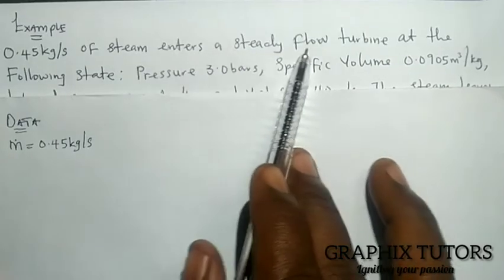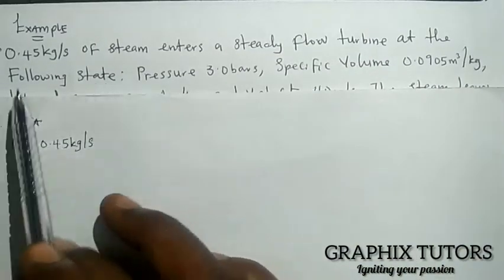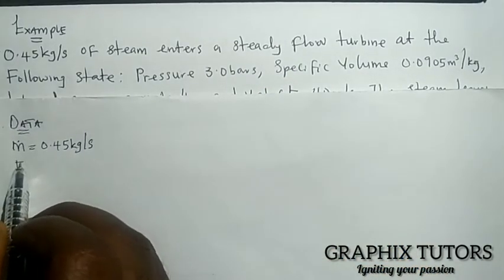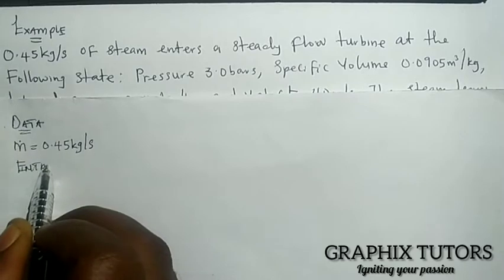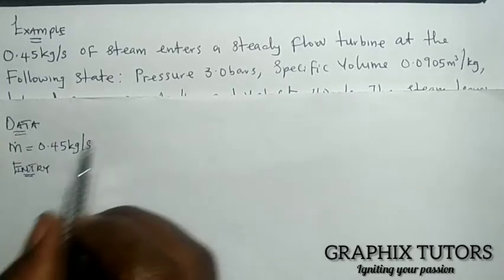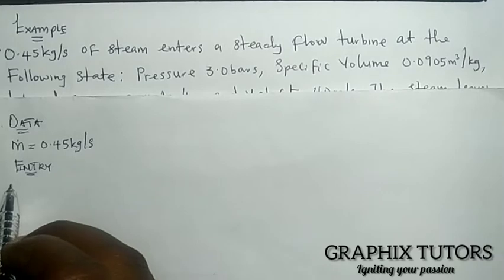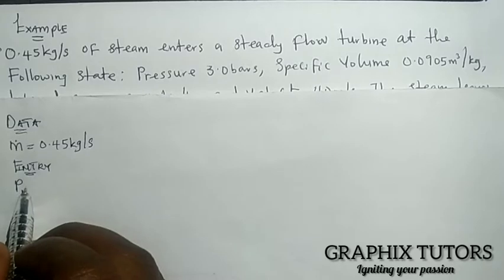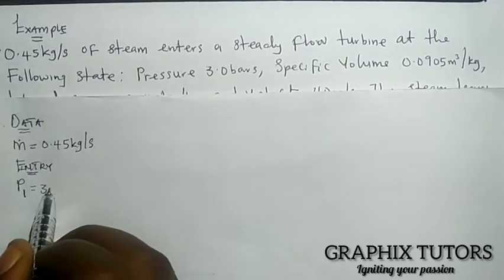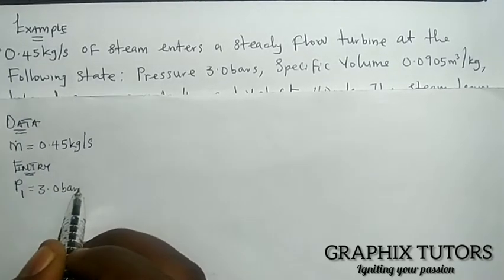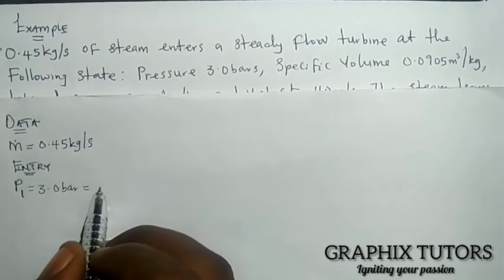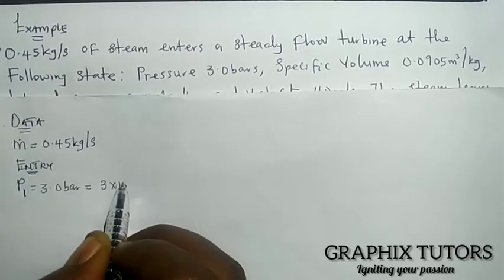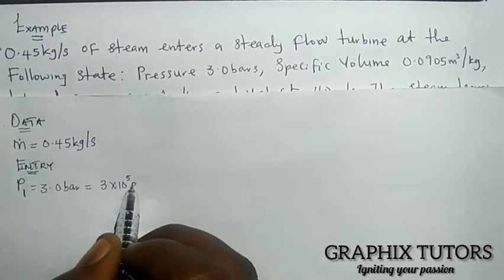Now the next thing: steam enters the steady flow turbine at the following states. So at the following state means at the inlet point, let's call it the entry. At the entry we have the pressure P, so we call it P1 because it is at the entry. P1 is equal to 3.0 bar. When I convert 3.0 bar, it will be 3 times 10 raised to power 5 Pascal.